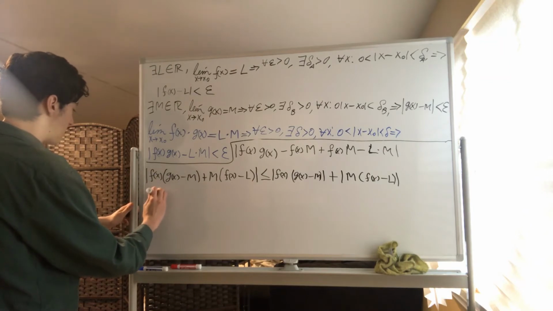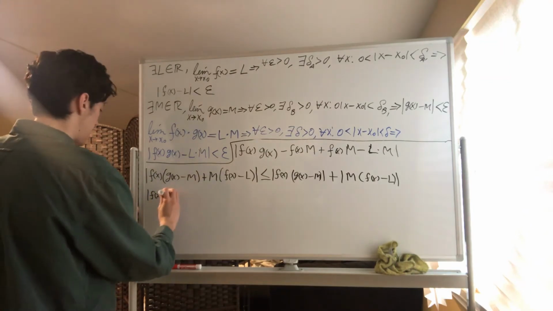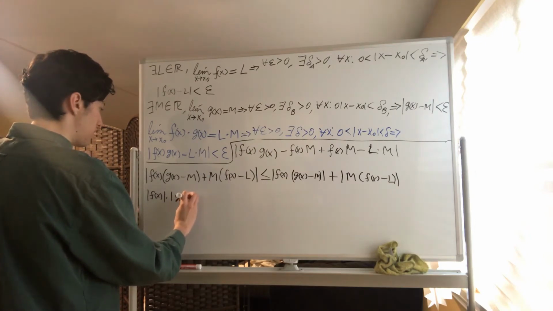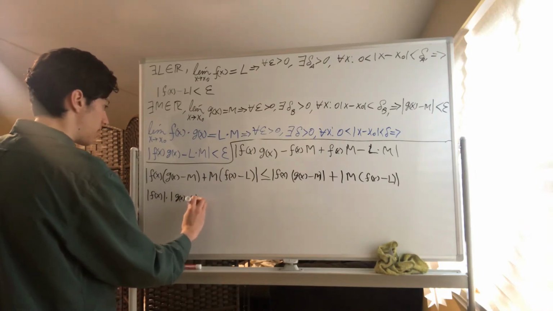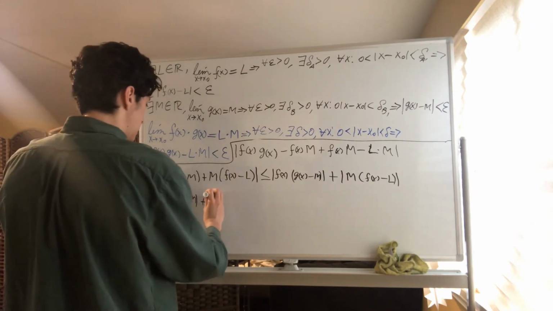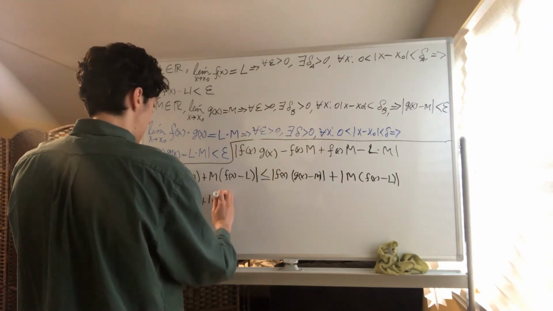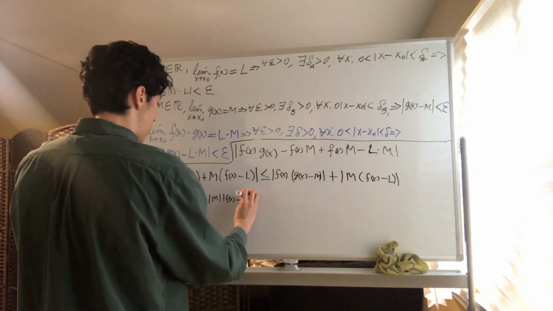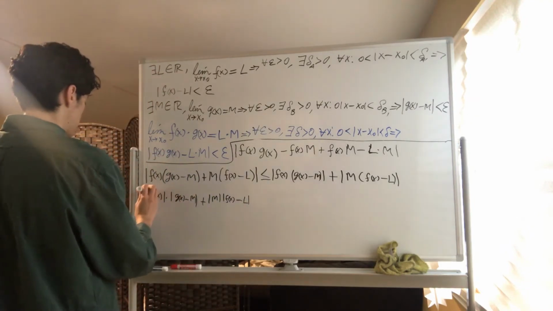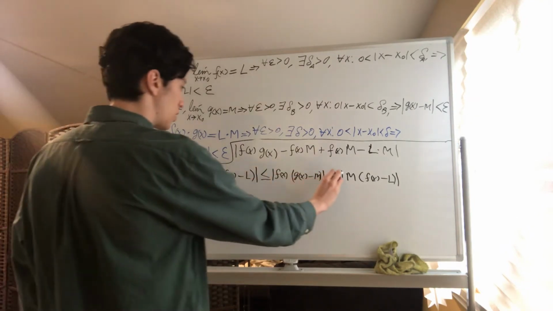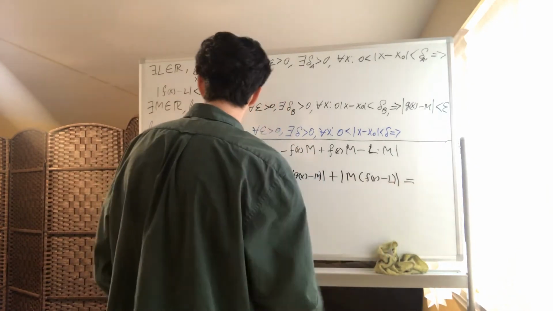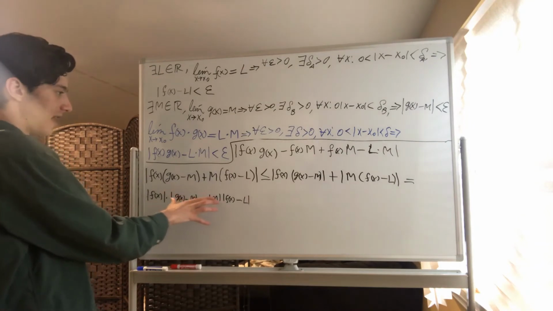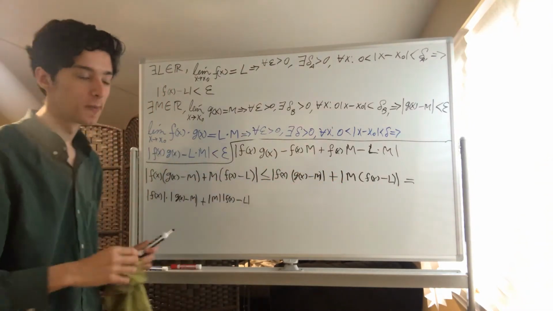The absolute value of f of x times the absolute value of g of x minus m plus the absolute value of m times the absolute value of f of x minus L. And I'll just write an equal sign here because this term and this term right here are both equal.